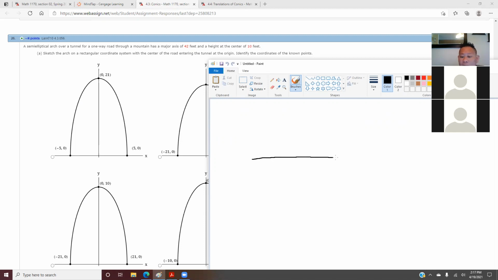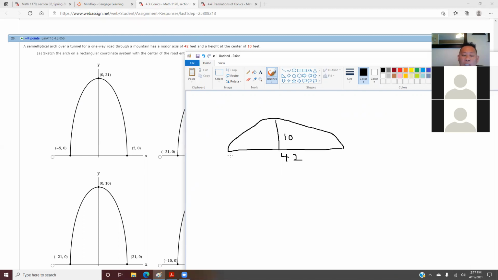So a semi-elliptical is an ellipse, but you cut it in half. It says that the major axis is 42, so this is the major axis, the longer side, and the height is 10. So what will your coordinates be in this case if your center is at 0, 0?